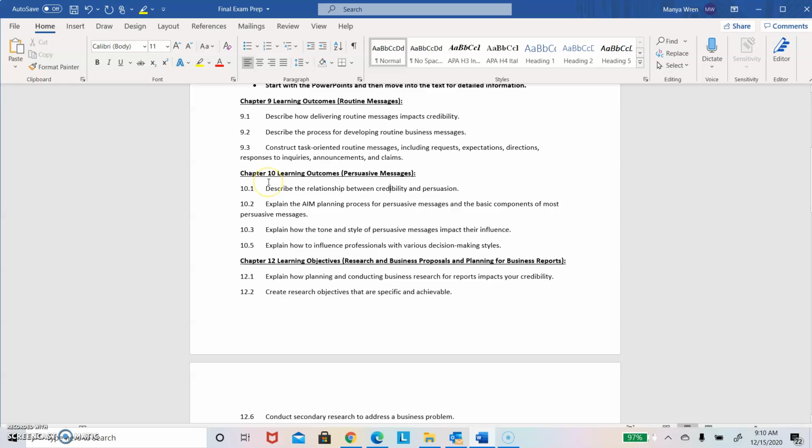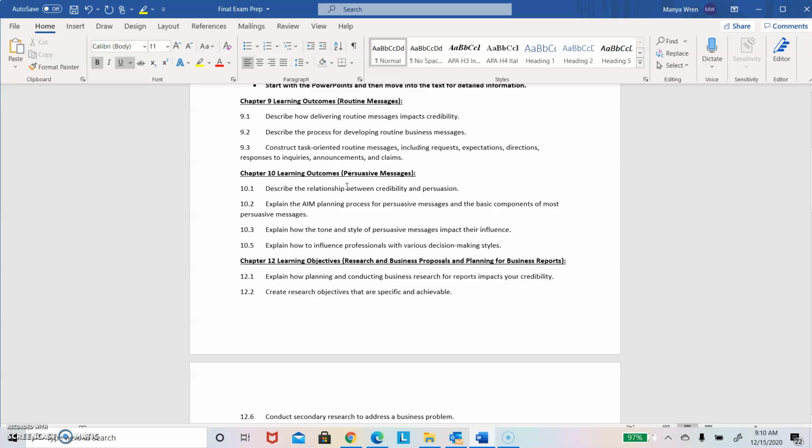The next ones are Chapter 10, 10.1, 10.2, 10.3, and 10.5. You'll also notice that some of these are what we've already discussed in class during lectures and activities. With Chapter 10, we are only having to really look at learning outcomes 10.1, 10.2, 10.3, and then 10.5.